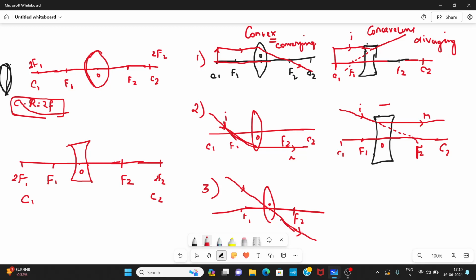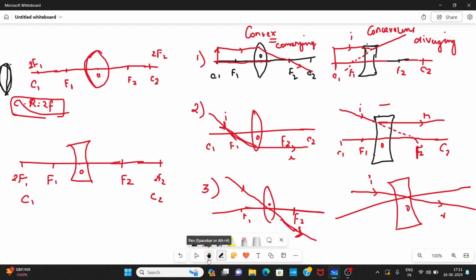Okay, the emergent ray or the refracted ray will not get deviated, but will pass through the same line, which is the same for your concave lens also. So these are the ray diagram rules which you follow for marking the image of concave and convex lens.